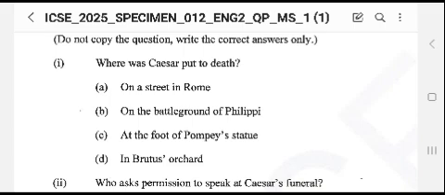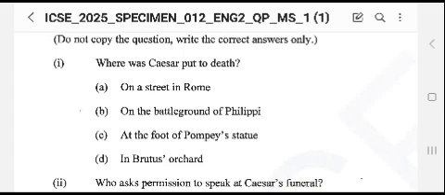See, the first question I will just tell you: where was Caesar put to death? Option A is on a street in Rome. Option B is on the battleground of Philippi. C, at the foot of Pompey's statue.